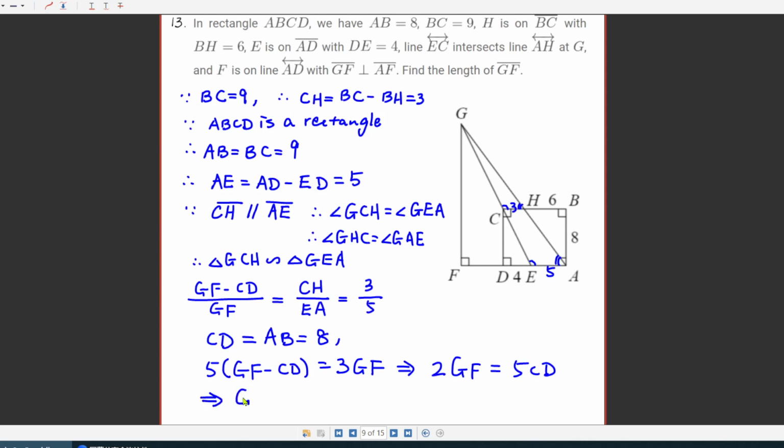Which means GF is 5/2 times CD, which is 5/2 times 8, and that gives us 20. So the length of GF is 20, right? And the key is to use a pair of similar triangles here.